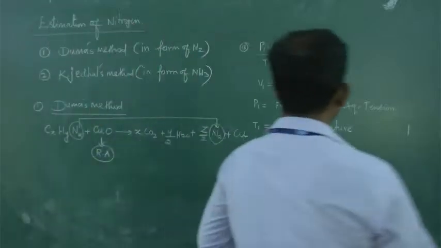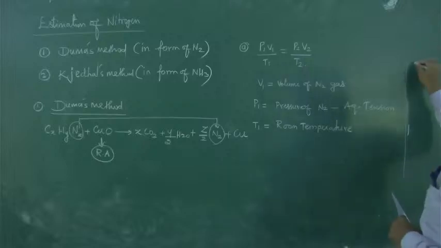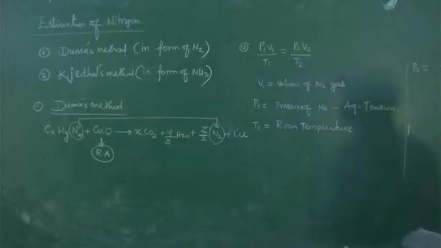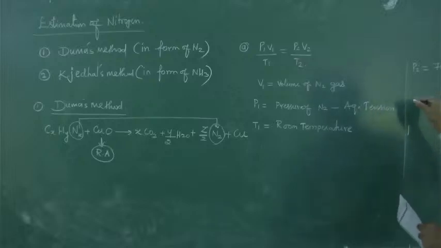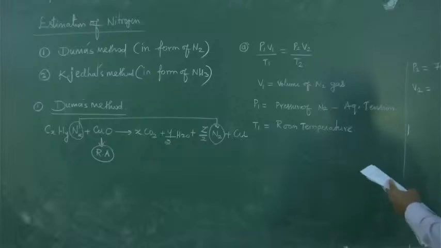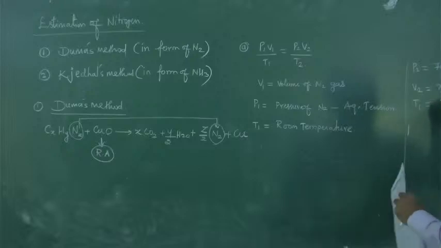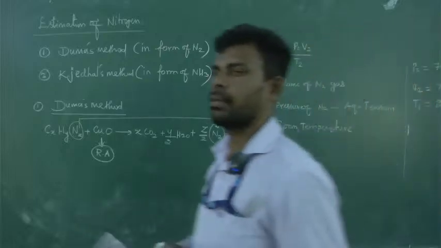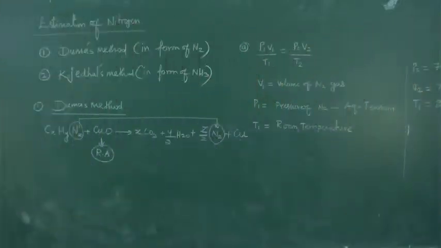Next, P2 is going to be atmospheric pressure, that is 760 mm of mercury, that is 1 atm. Next, we have to calculate V2. T2 is going to be 273. Is it clear?